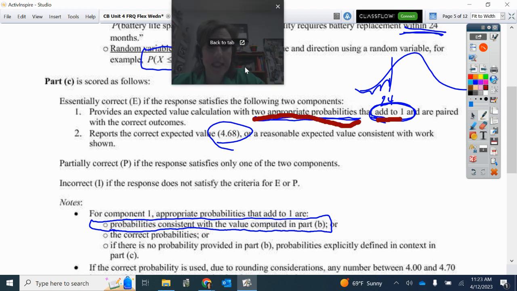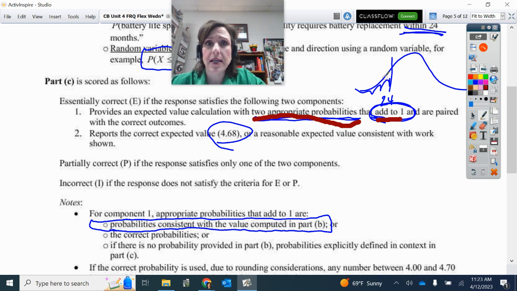So if you had missed the probability in part B, but you carried that wrong number, say you got 30%, but you carried that number and worked it out correctly in part C, you get full credit for part C. You just missed that probability in part B. So if you use the 30% as the failure rate, losing 150 30% of the time, that would mean 70% of the time you're gaining $50.